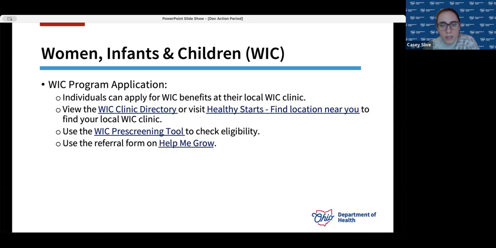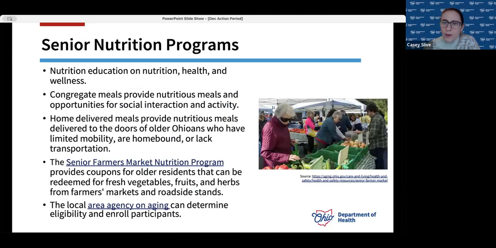Ohio Department of Health receives the referrals with WIC selected, and then we route them to the respective clinic for follow-up with the applicant. There's also the WIC directory and a pre-screening tool to check eligibility. And stop me at any point if you have any questions. I should have mentioned that earlier.